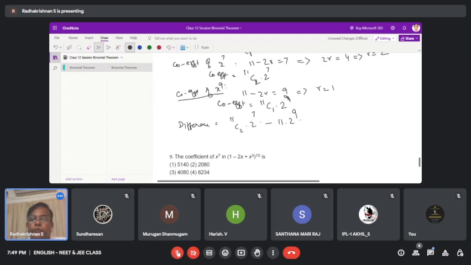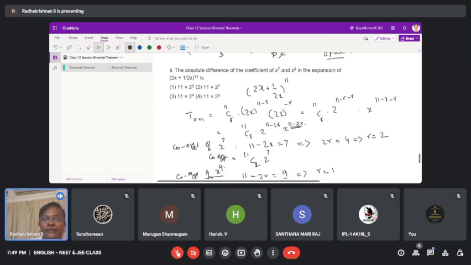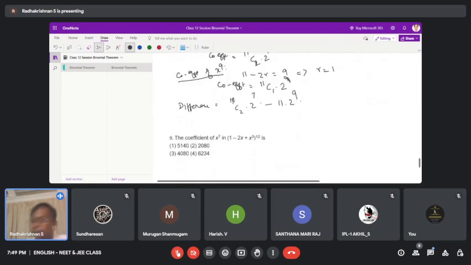Okay. So we can see that they have given some options in terms of 2 power 7 and all, right? So you can take 2 power 7 out.